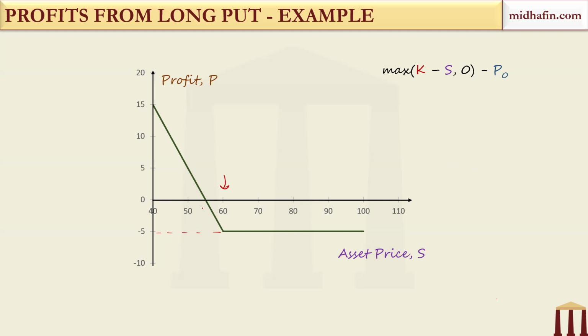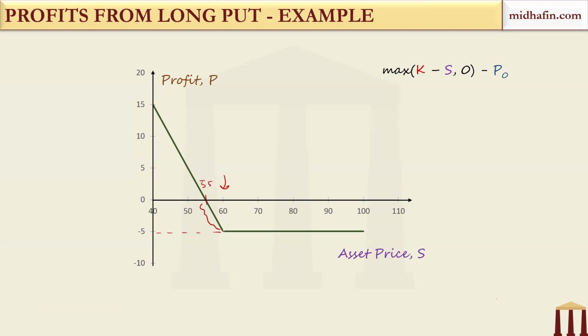The only case where you will exercise the option is when you are in this region, when S is less than K. Strike price is greater, or you can say stock price is smaller than strike price. Now you see this region, up to 55 actually, you are still not going to break even.